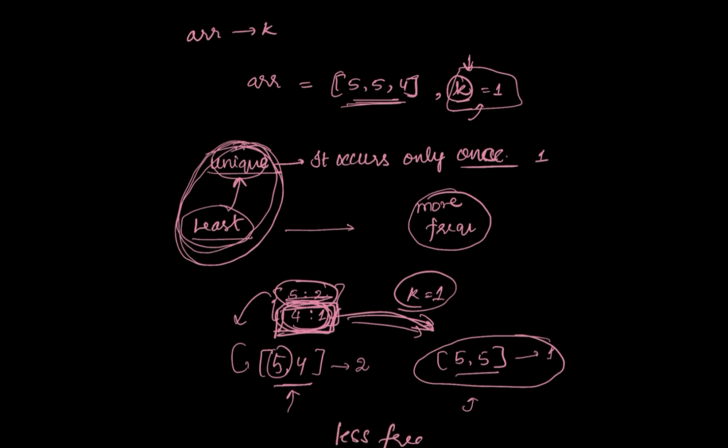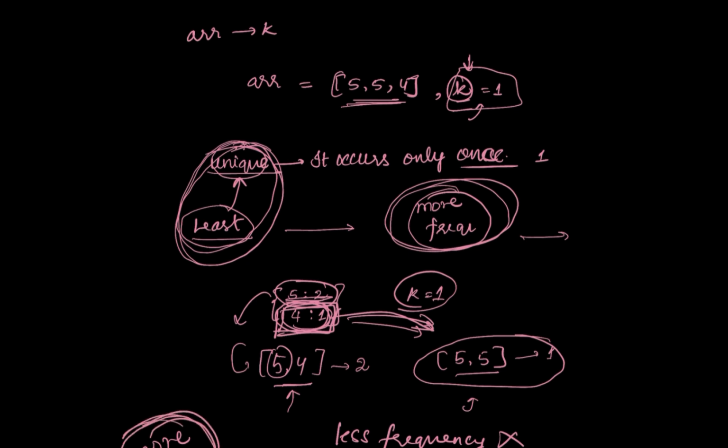If we eliminate the elements with lesser frequency, then we'll have the elements with more frequency. If we want more frequent elements, we should remove the less frequent elements.